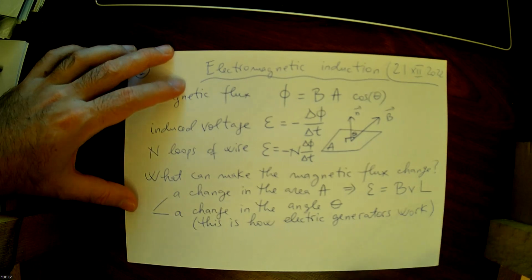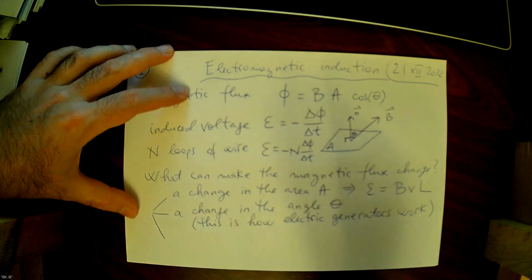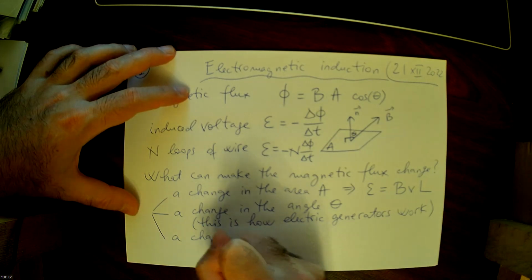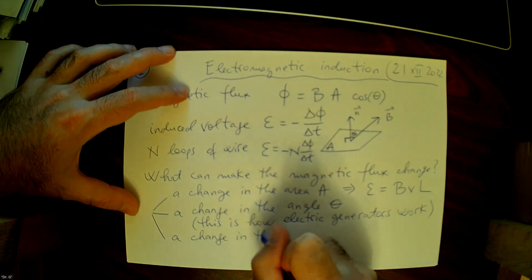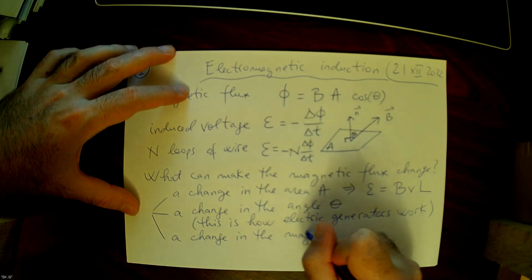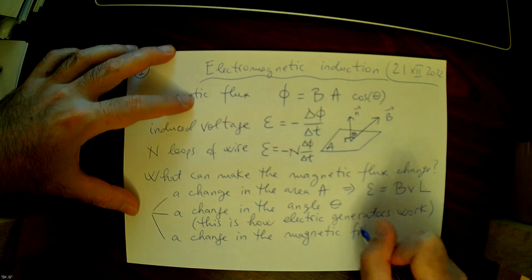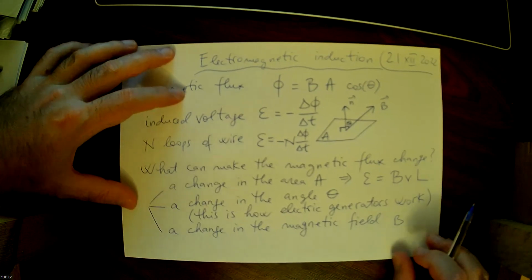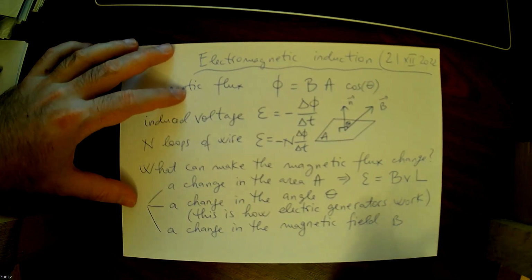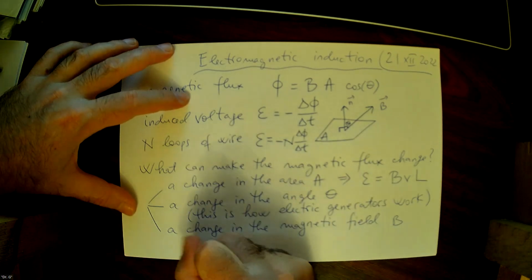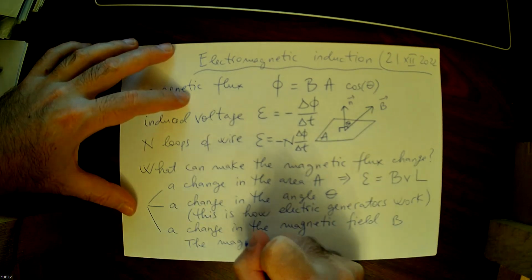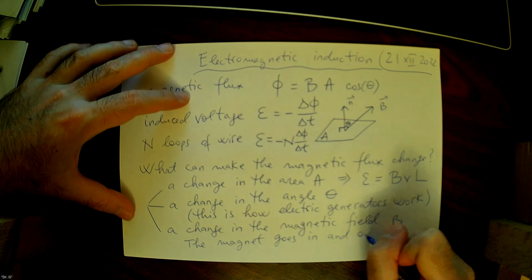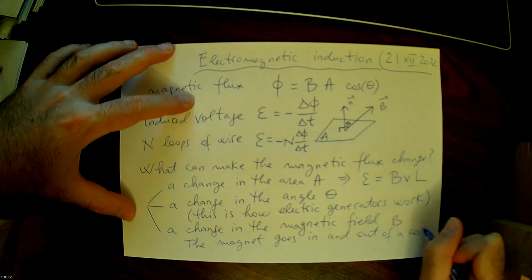Or a change in the magnetic field B. And this basically means that the magnet goes in and out of the coil. Okay.